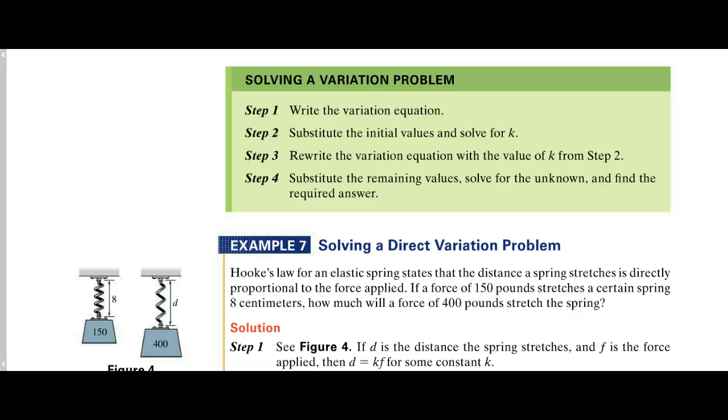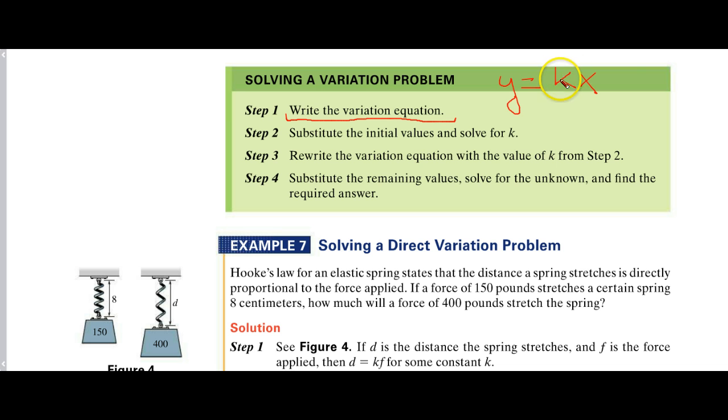Now there is a protocol that we follow when we're solving variation problems. Step 1 is to write the equation of variation. Well, if it's direct variation, it's going to be basically y equals kx. Then they're going to give you a value for the y and a value for the x where we solve for k.